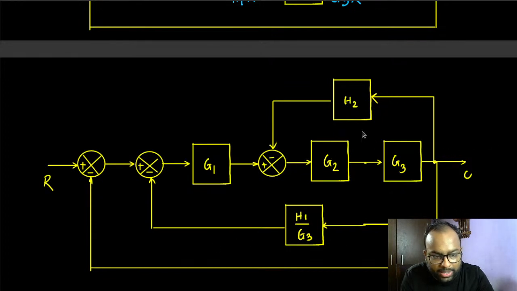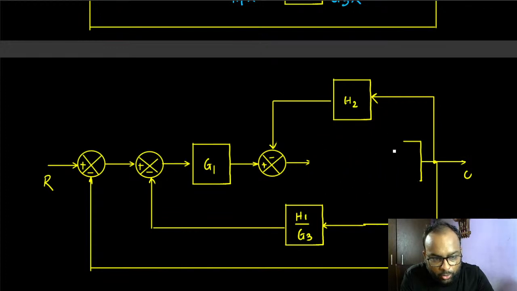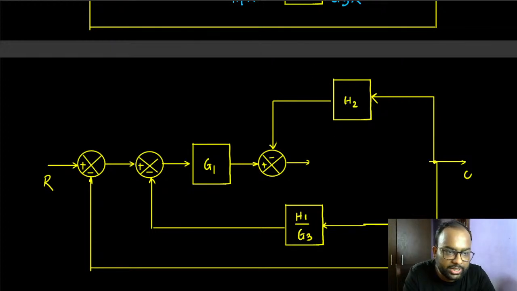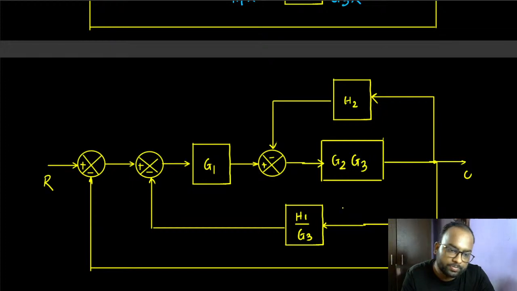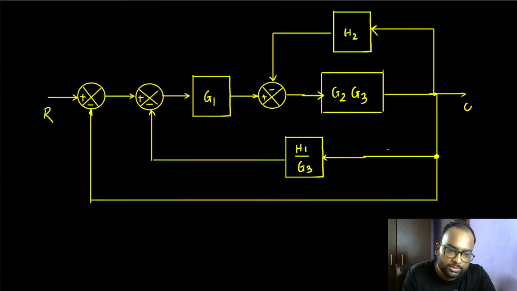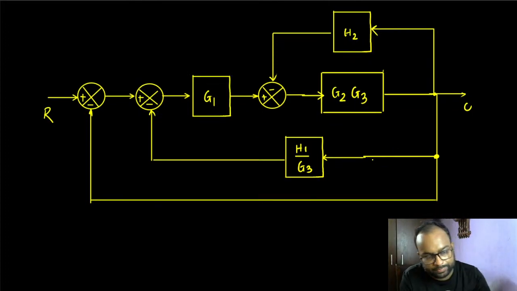I had G1, G2 and G3 transfer functions in cascade, and we can construct one equivalent block out of that. That equivalent block would have a transfer function of G2 times G3. So that's the equivalent structure here.